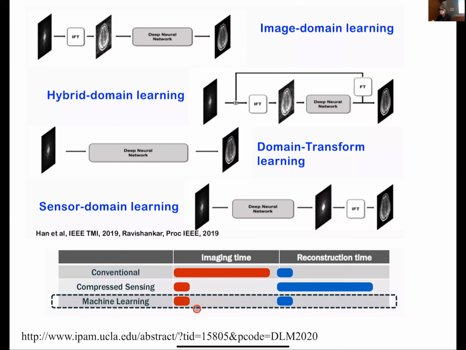Machine learning is pretty cool because you can go faster. Training takes a lot of time, right? But once you have the weights, it's really fast to compute. So you can do the training offline, store the weights, put them on any scanner, and then the reconstruction is almost instantaneous. You're just multiplying by weights and then some nonlinearities. So it's very fast to do that.